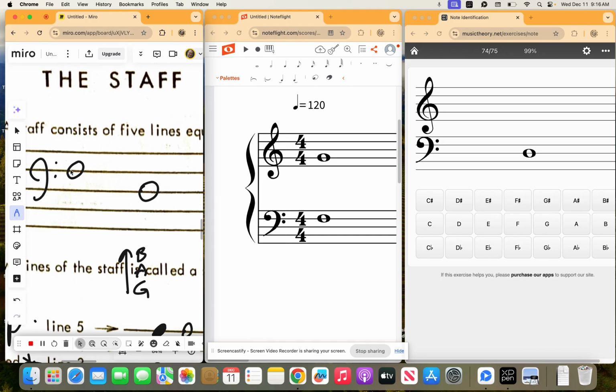If I'm on the fourth line, the next place I could go is the space between the third and the fourth line. Then the next place I can go is being on the third line. So we filled in the blanks. We know that this is F. When we go down, we go backwards. That's the note E. When we go down, we go backwards. That's the note D. So over here is the note D in bass clef.